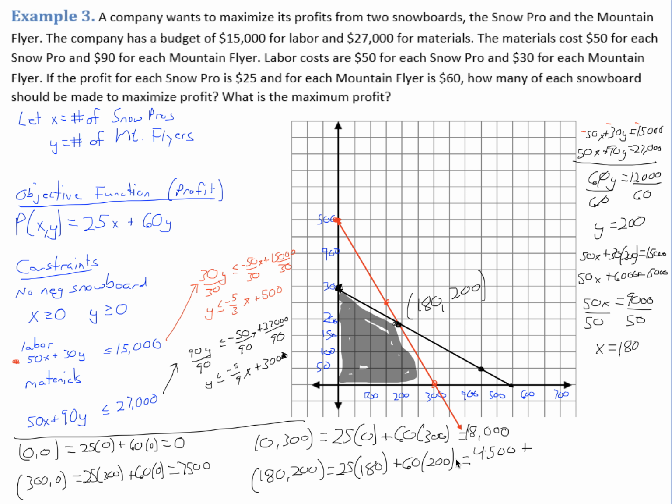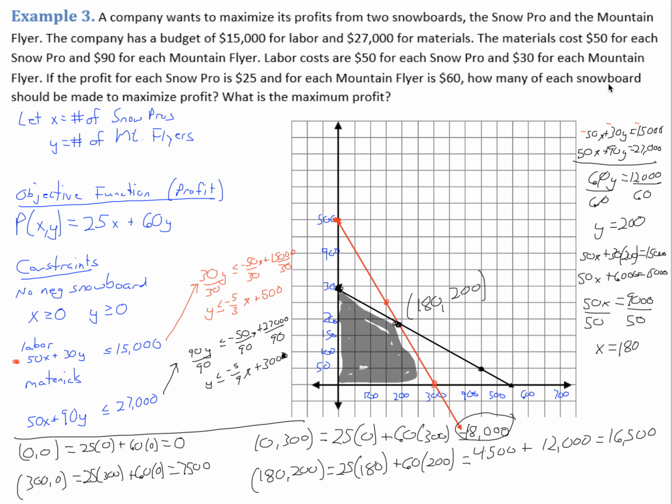And then 60 times 200 is 12,000, which gives 16,500. So we plugged them all in. We noticed that 18,000 is our largest. So what does this mean? This means that this company is best off making 0 snow pros, and they would make all mountain flyers. So they would make 300 mountain flyers and no snow pros.